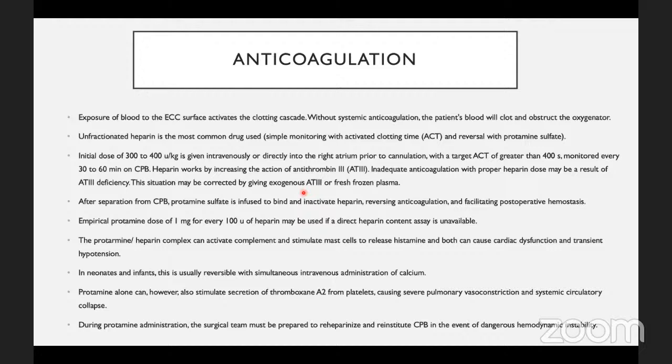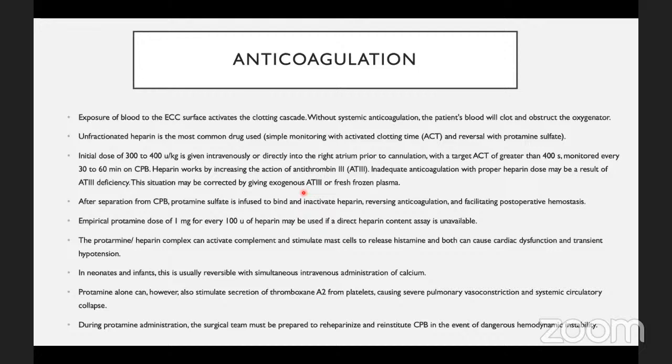Even with full dose heparinization, we found that consumptive coagulopathy takes place because of the low levels of antithrombin 3. And antithrombin 3 levels rise to normal levels by 6 months. So up to 6 months, you need to be very sure that you're going on the appropriate doses of heparin, and protamine reversal, of course.